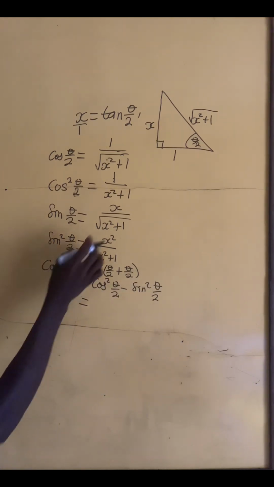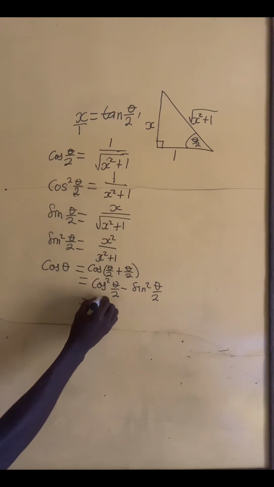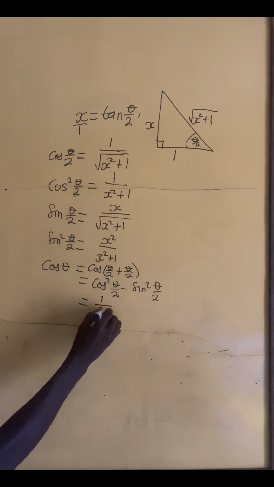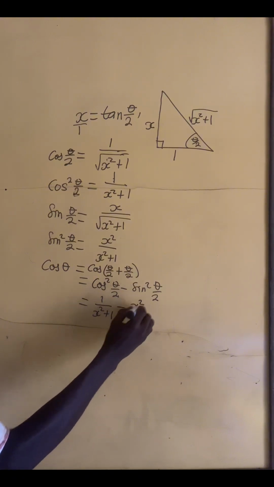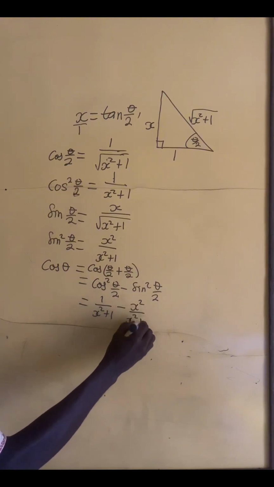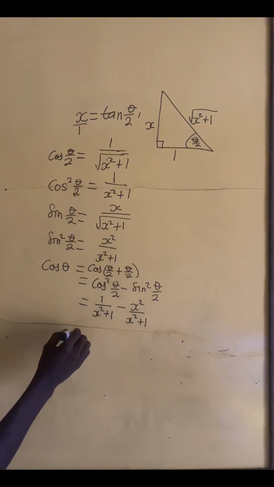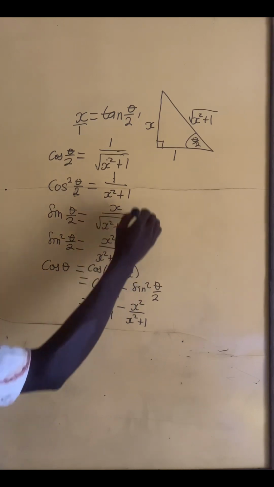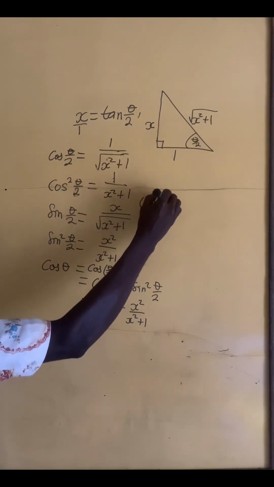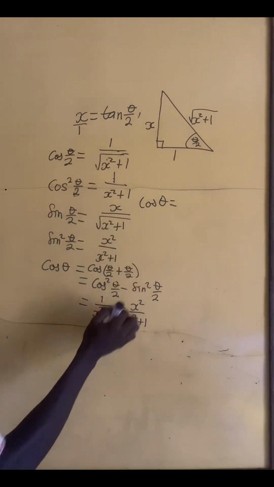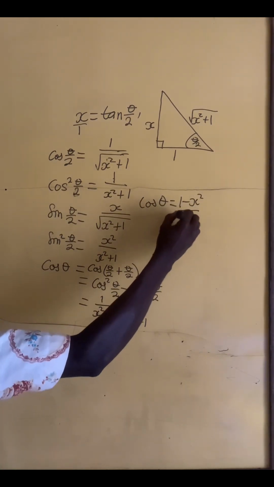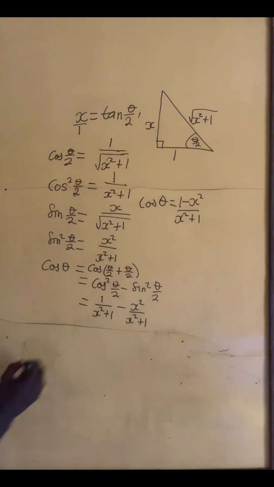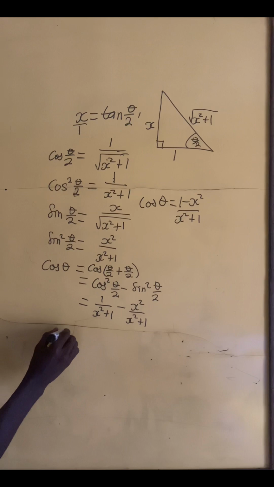Now, cosine squared of theta on 2 is 1 on x squared plus 1, and sine squared of theta on 2 is x squared on x squared plus 1. So if I simplify this, I get cosine of theta equals 1 minus x squared divided by 1 plus x squared, or x squared plus 1. That is very, very simple as that.